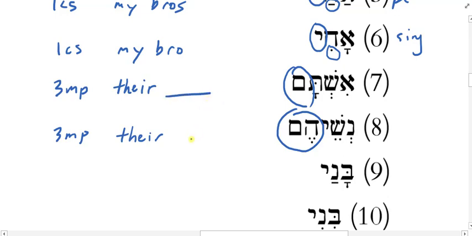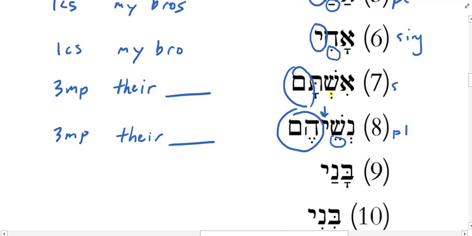The question is, do they have something singular or plural? Can you tell which one of these is singular and which one's plural? Yeah, the bottom one's plural. It's got the yod and there's no kirik before it, so it must be plural, right? This one is ishtam. There's no yod before that mem. That's singular. What is the lexical form for ishtam?